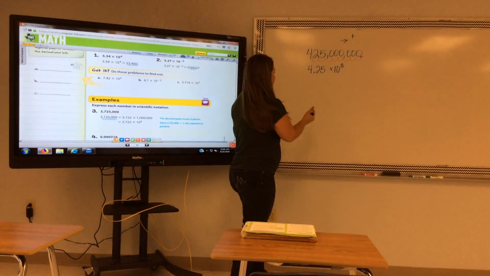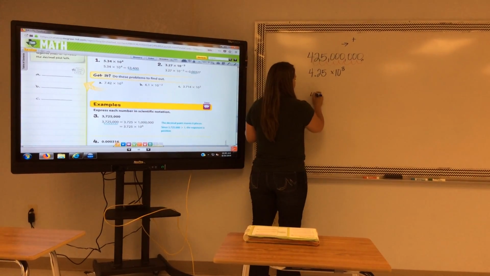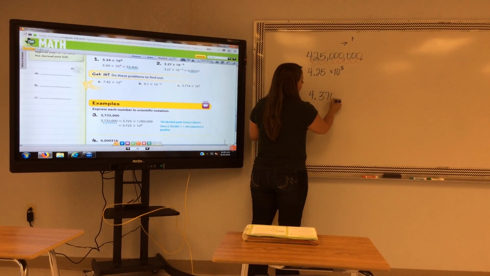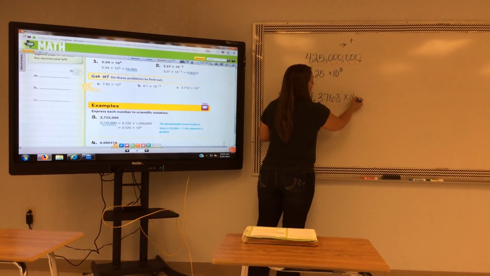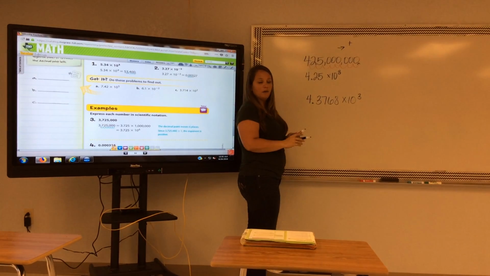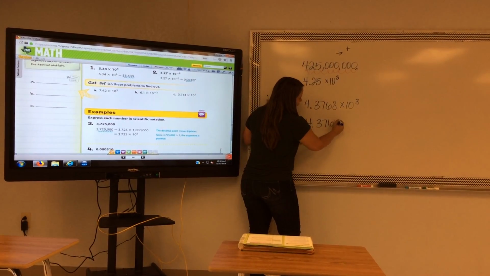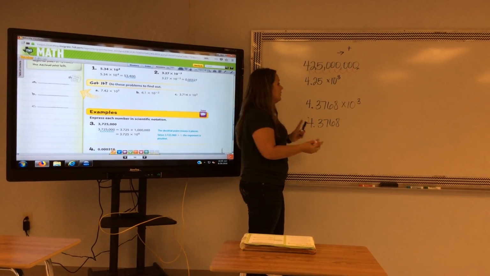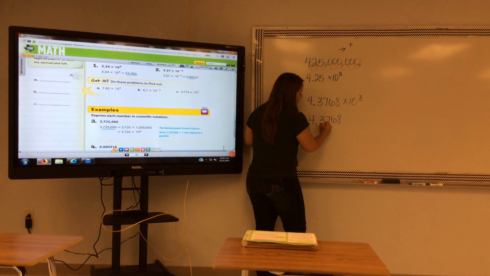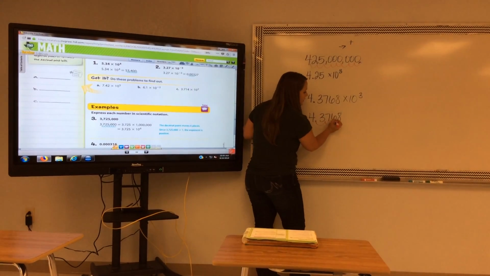There may be times where you have the number 4.3768 times 10 to the third power. You come back and rewrite that decimal just the way it looks to begin. Since it's a positive 3, I'm moving it 1, 2, 3 places to the right.